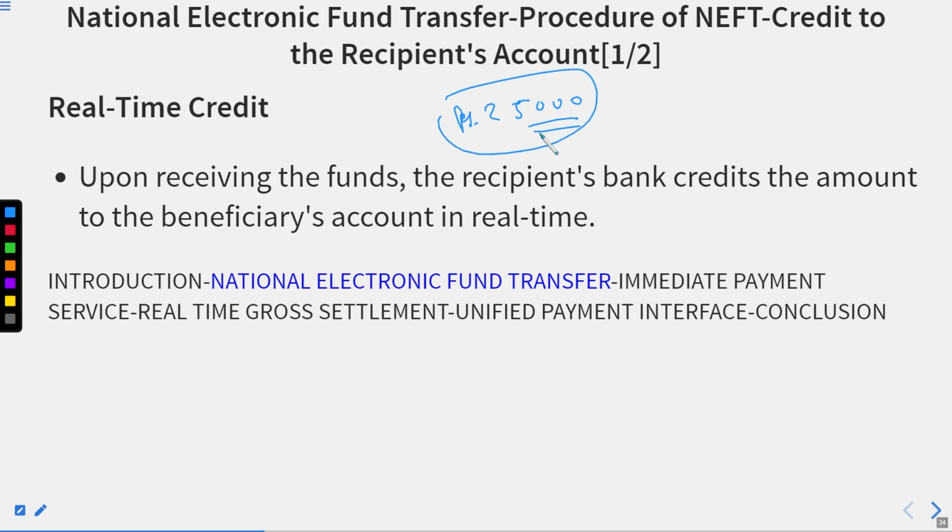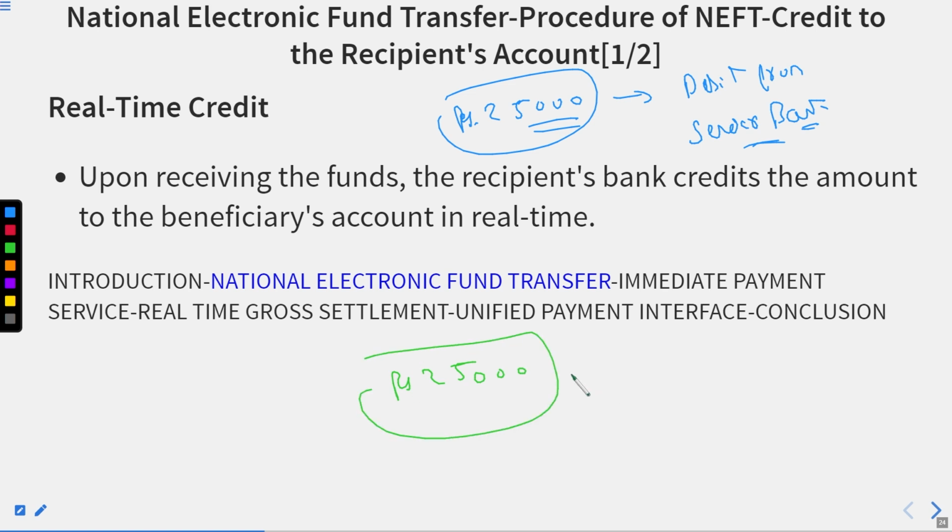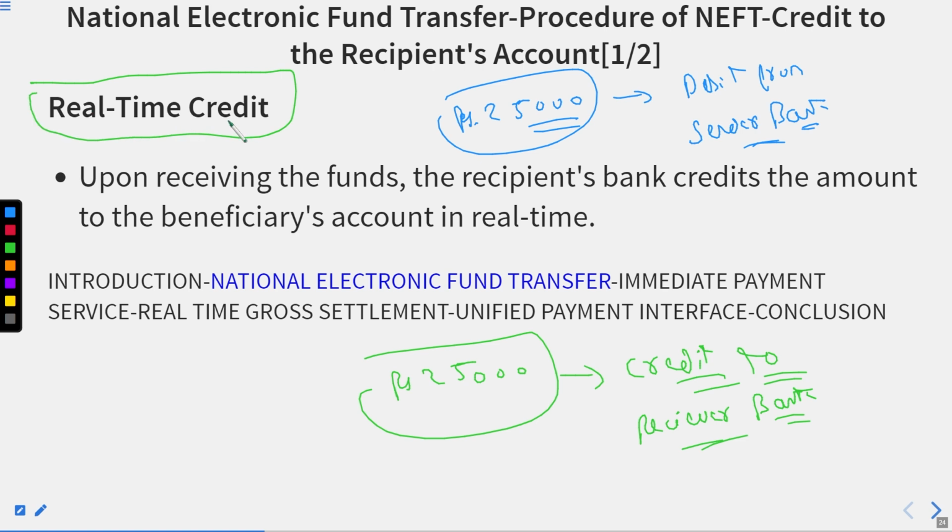So when this process starts, it will be debited from the sender's bank, and once it is debited from the sender's bank, at the same time, or you can say within a few moments, it will be reflected or credited to the receiver's bank. Okay, so that's why we call it a real-time credit.